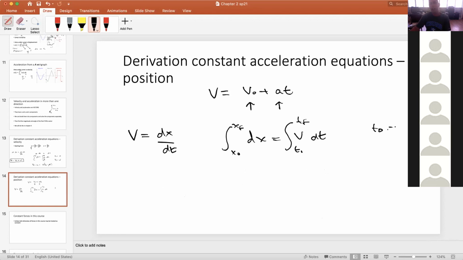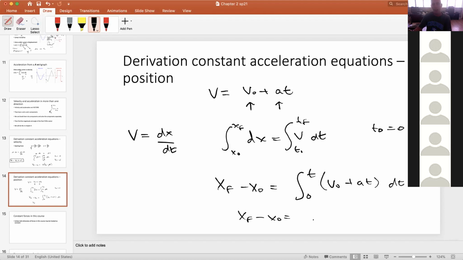Again, t initial is 0, and t final is just going to be t. So we get x final minus x initial is, from 0 to t, v naught plus a t dt. This gets a t, this goes to t squared over 2. So we get x final minus x initial is v naught t plus a t squared over 2.